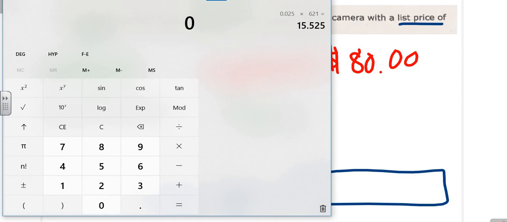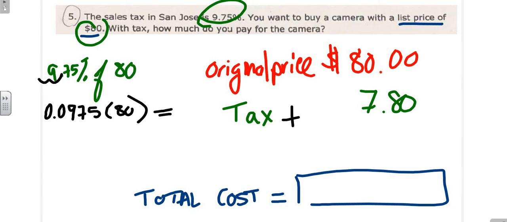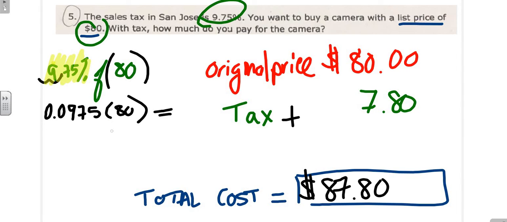So our tax is going to be $7.80. So the total cost is going to be $87.80. Once again, decimal 9.75% of $80.